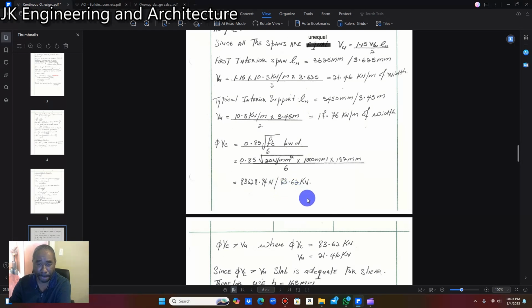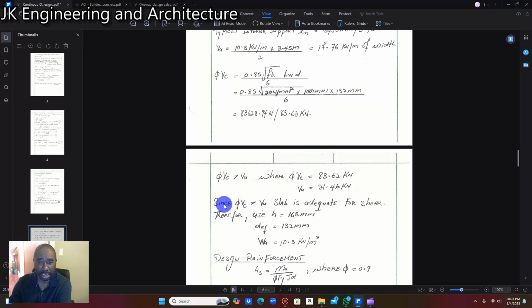All right. Now, since phi VC is greater than VU, where phi VC is 83.62 kilonewtons, and our ultimate shear is equal to 21.46 kilonewtons, the slab is adequate for shear.